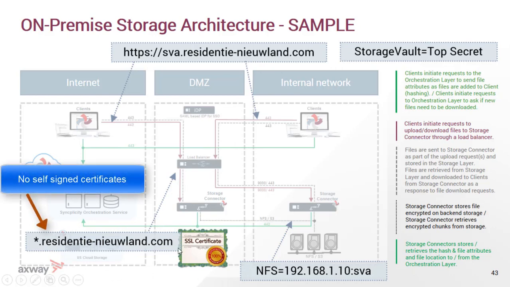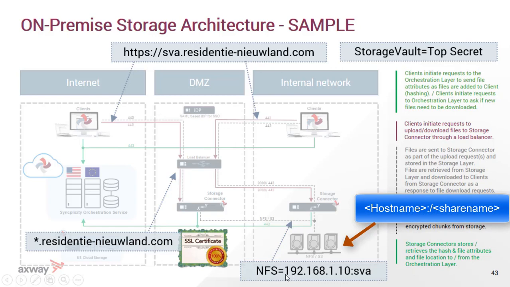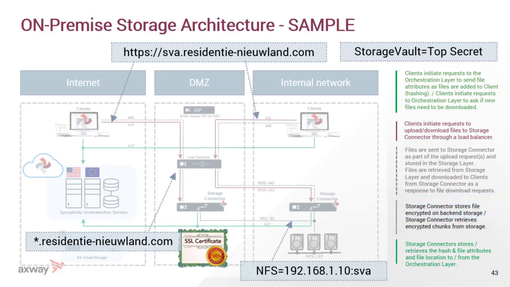Of course, if you don't have a wildcard, you're going to require an SSL certificate for sva.residencenewland.com. And also my backend storage will be an NFS share, and this is the IP address and the NFS share name. Okay, so let's start and continue with the installation.